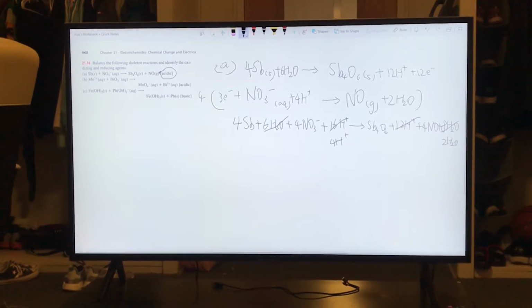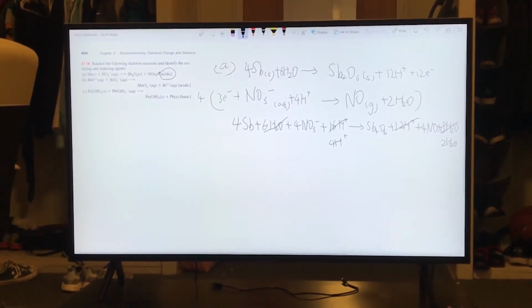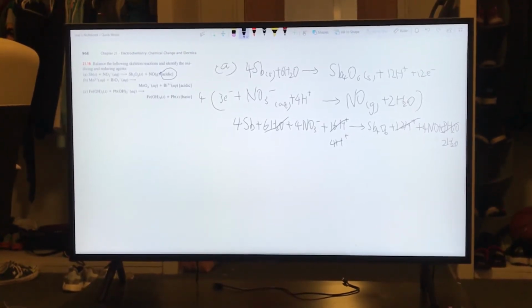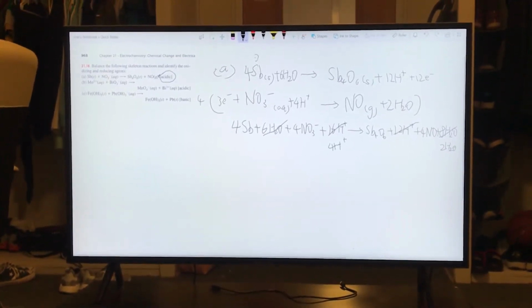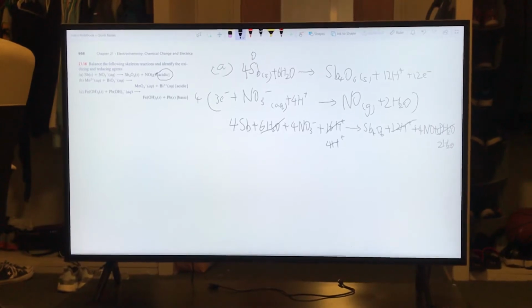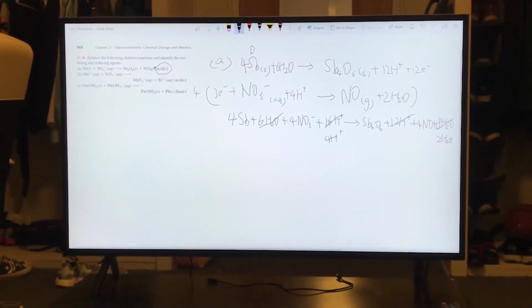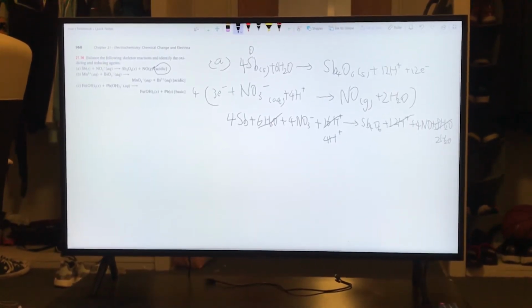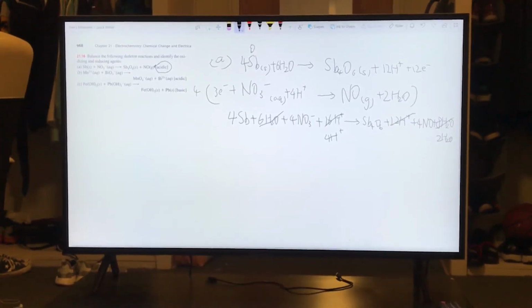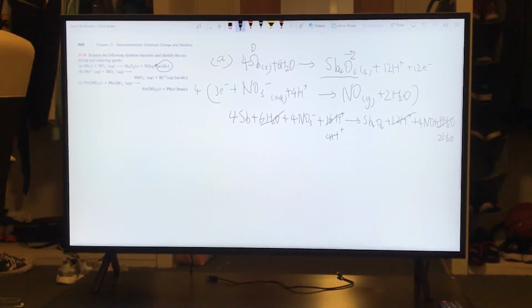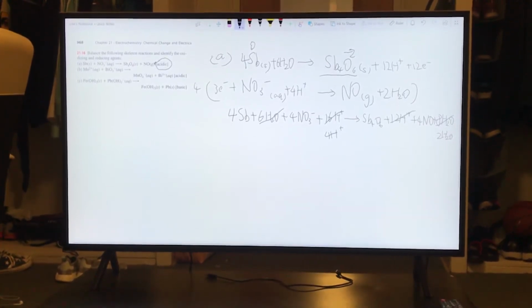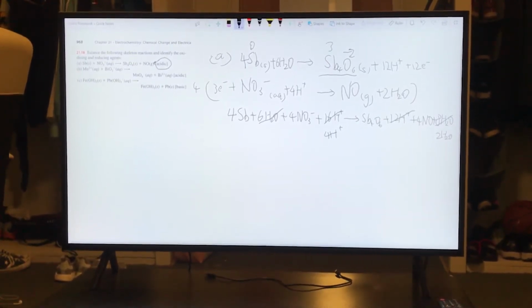Now we are trying to identify the oxidizing and reducing agent. From the first half reaction, we know Sb here has an oxidation number of 0. And on the right side, we know that oxygen usually has an oxidation number of negative 2, and this whole thing added together has a charge of 0, which means that Sb has an oxidation number of plus 3.